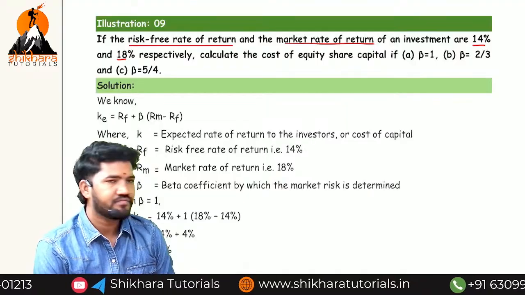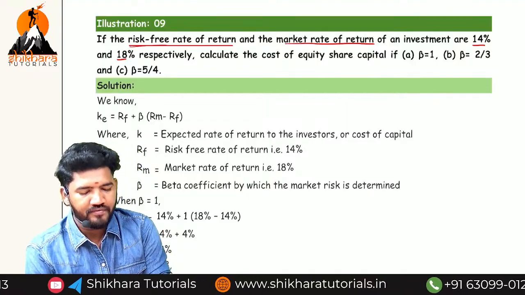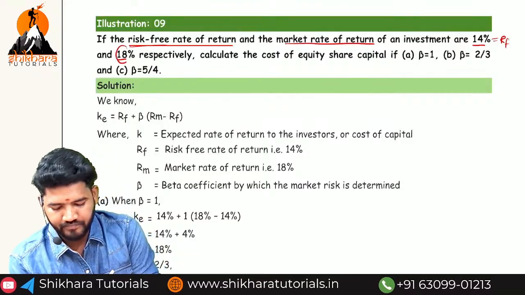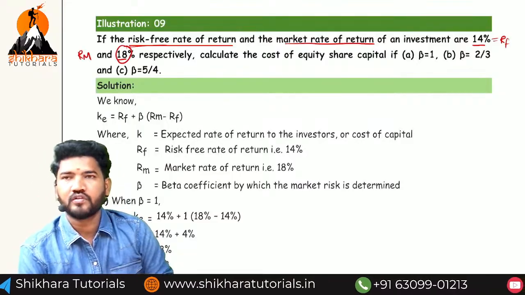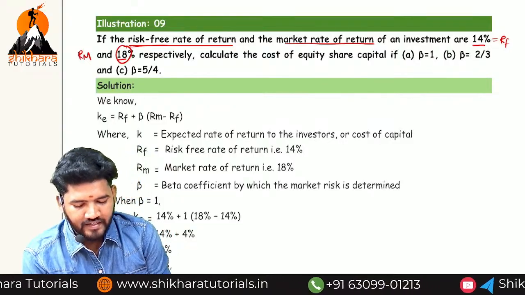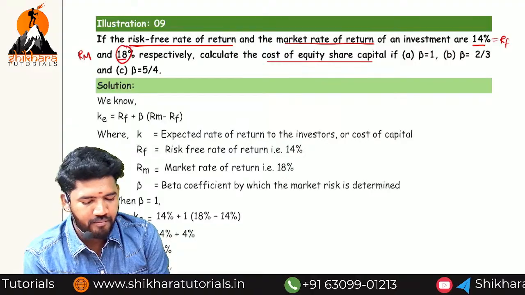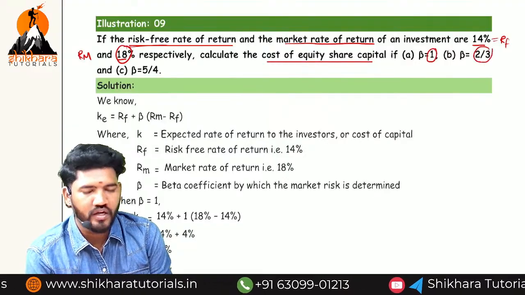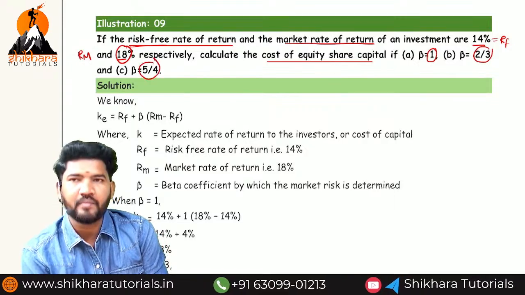The 14% is RF, and the 18% is RM. What do you want? Beta only. Calculate the cost of equity share capital if beta equals 1, if beta equals 2/3, if beta equals 5/4.